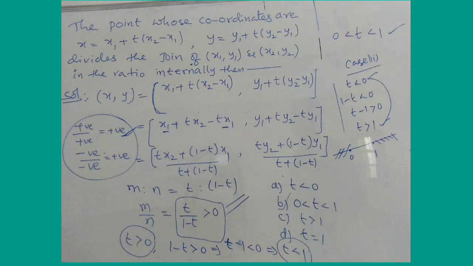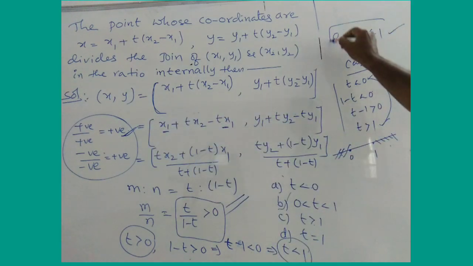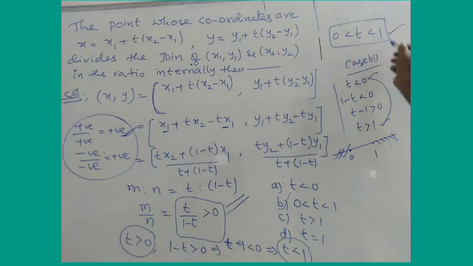So there is no solution; t less than 0 is only one part, whereas t greater than 1 is this part. But our answer is the union of these two, which is not mentioned in the options. So that's why according to case 1, answer is t lies between 0 to 1.